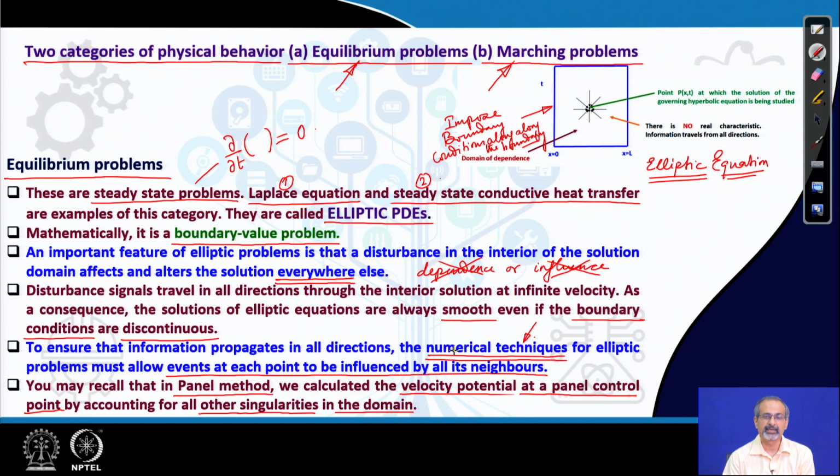In the panel technique, it is the distribution of singularities on the body as well as in the free stream, but all the influencing factors are coming in order to calculate the velocity potential at a panel control point. So, that is typically the strategy followed for solving elliptic partial differential equations, and we did it there because we were solving Laplace equation through the use of those singularities.